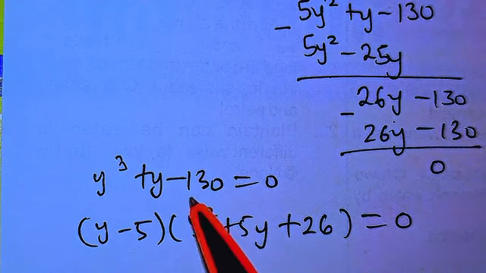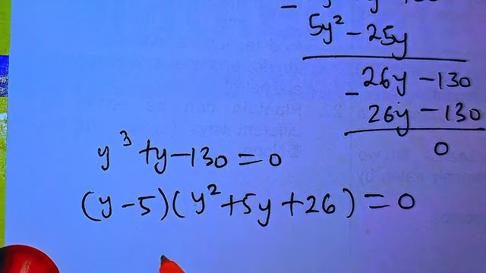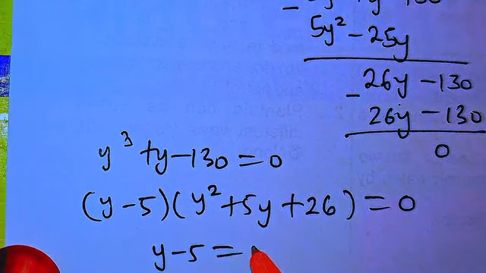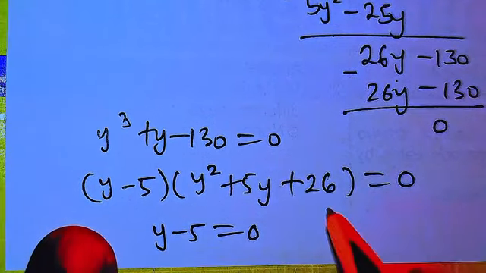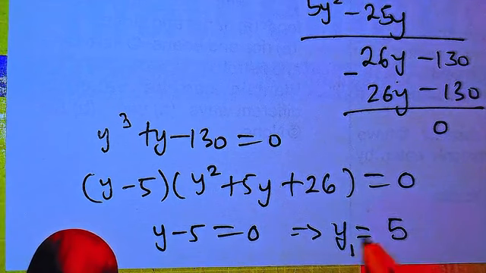So we already know that y minus 5 equals 0 is one of the solutions, which implies that y equals 5, so y1.